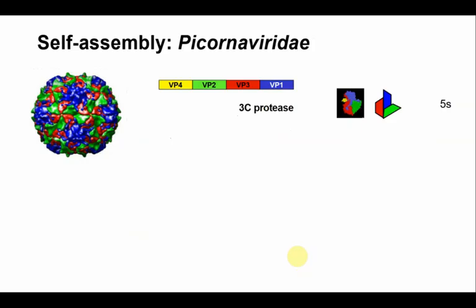So slightly more complex are the picornaviruses. If you remember, picornaviruses express all their proteins firstly as a polyprotein. And then the cleavage of this polyprotein follows an ordered step. So there's your polyprotein. And the first thing that happens is that these three blocks will be cleaved.